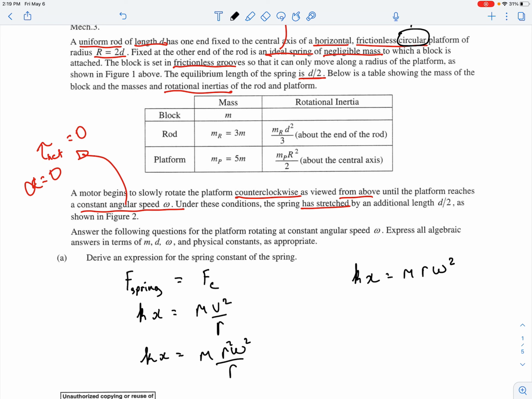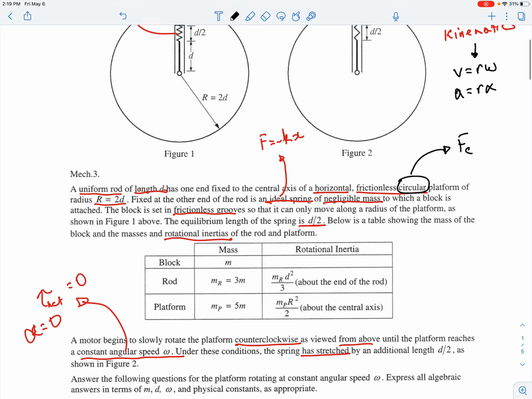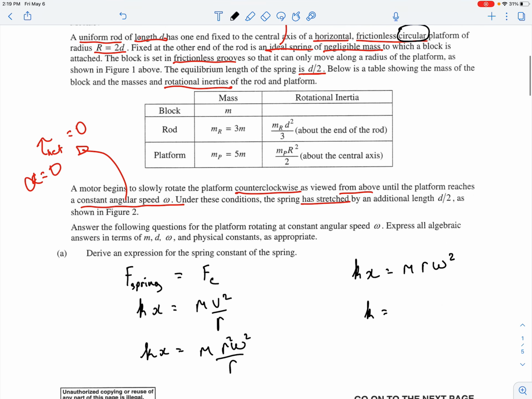Dope. Therefore, k should be equal to, what is x? x is how much the spring has been stretched. Remember, k is the spring constant, x is the distance this thing has been stretched. Therefore, you have to rewrite x as d over 2.